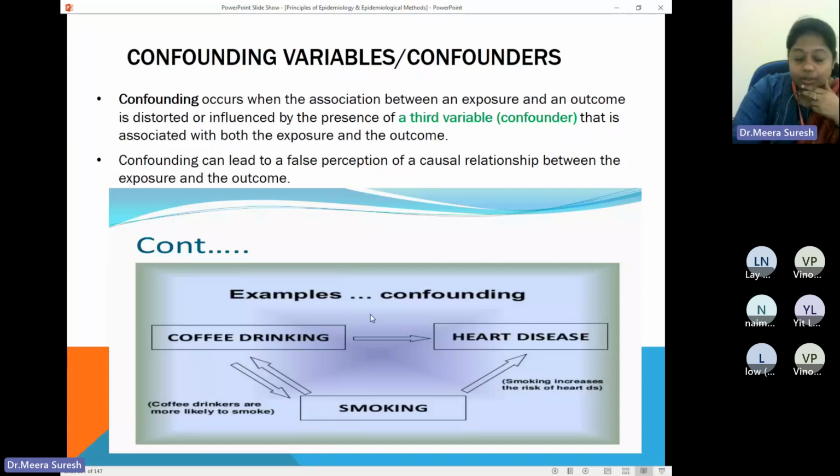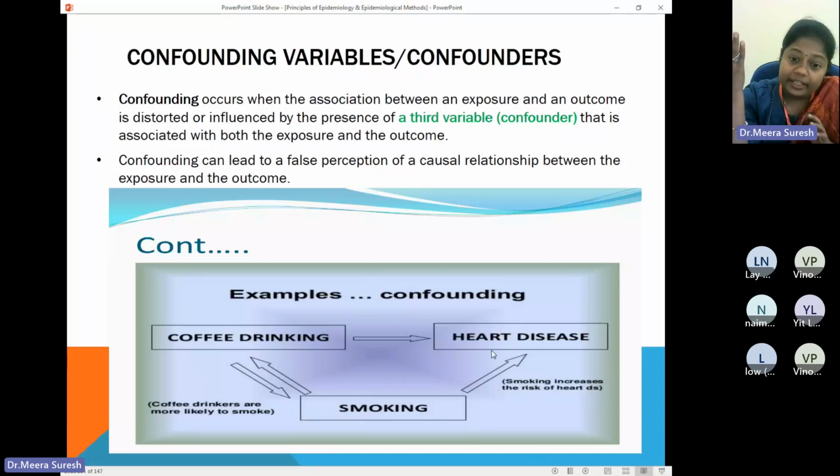Somewhere in an article you learned, when we are doing a study on descriptive epidemiology, or you were reading some descriptive articles, you saw one sentence where the researcher had put that coffee drinking can lead to heart disease. So you're studying coffee drinking and heart disease, and you happen to find out that coffee drinking leads to heart disease.